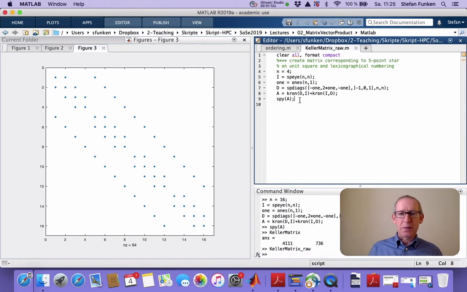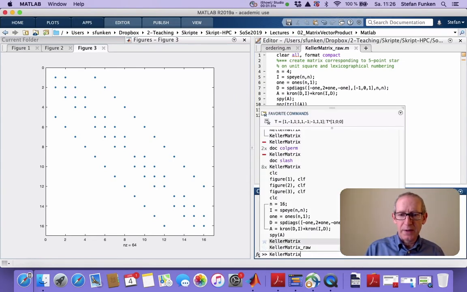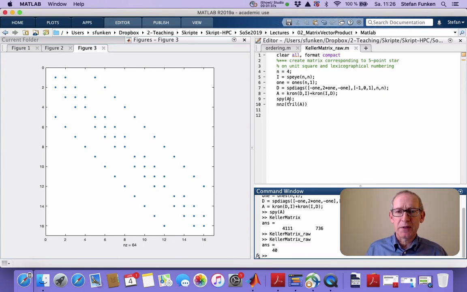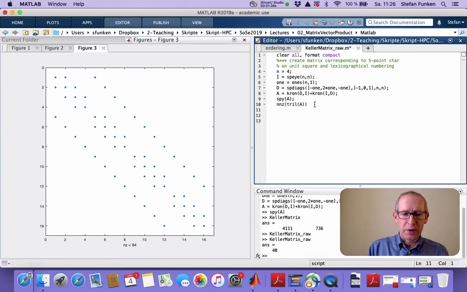This matrix is symmetric, as we know, and therefore we want to count the number of non-zero entries, which is nnz(A), and this number is 40. So let's also do this, figure 1.